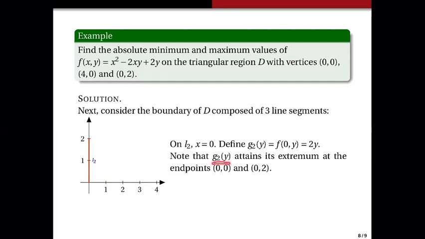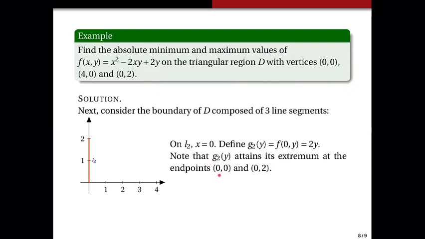The extrema of the function g can be obtained at the endpoints 0, comma 0, and 0, comma 2. So similar to the previous one, and similar to how you do it in a function of one variable.